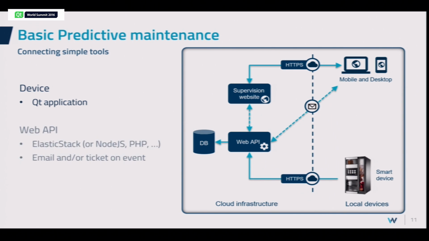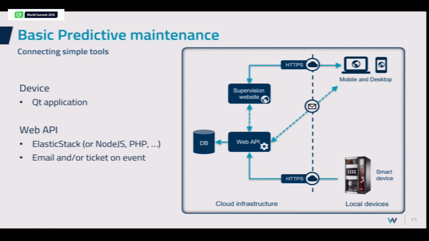And we have a web API brick. That web API brick is actually where we'll put the logic, even if really limited. So in our use case, we use the Elastic Stack. If you don't know that, that's just a stack that is used to parse the data, to store it in a specific kind of database, and to be able to detect things and notify, etc. There are other alternatives.